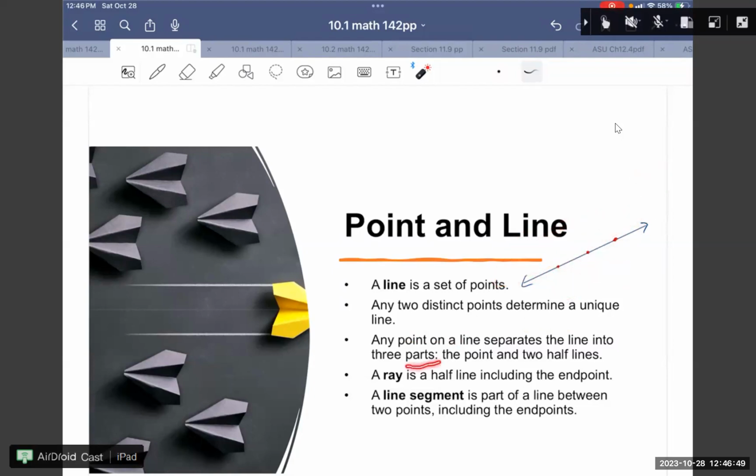The ray is half of a line with an endpoint. So the ray from here to here is half of a line with an endpoint. And the line segment is the part between two endpoints, including those endpoints. So this one is the line segment.